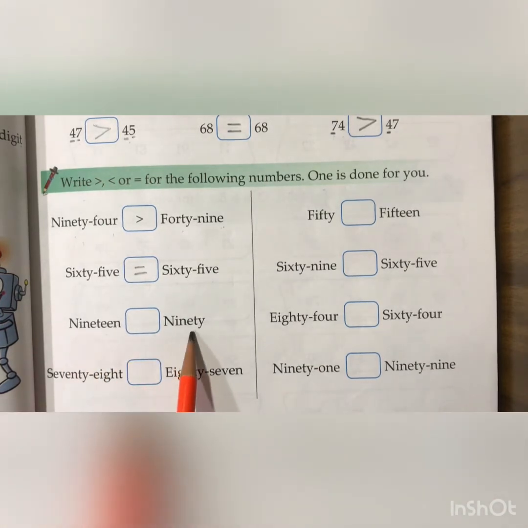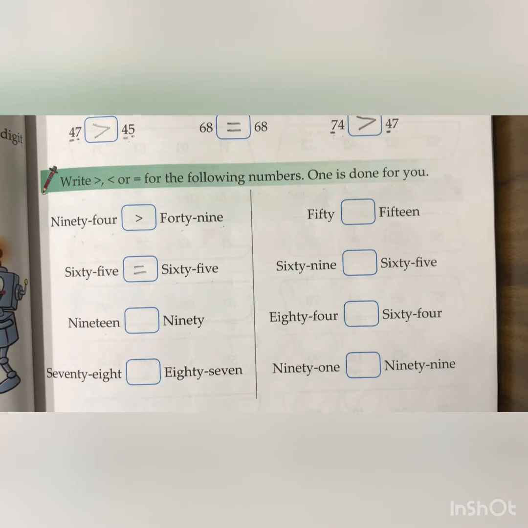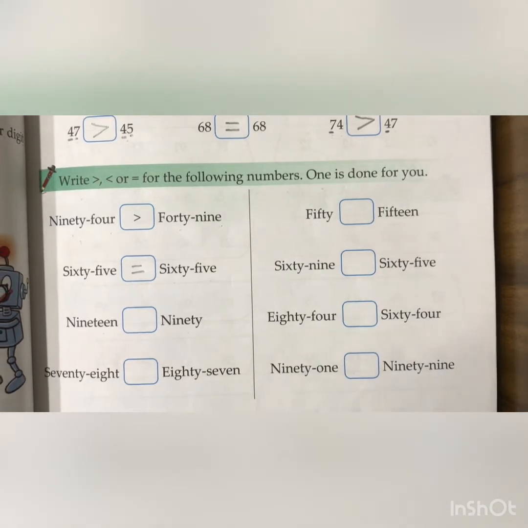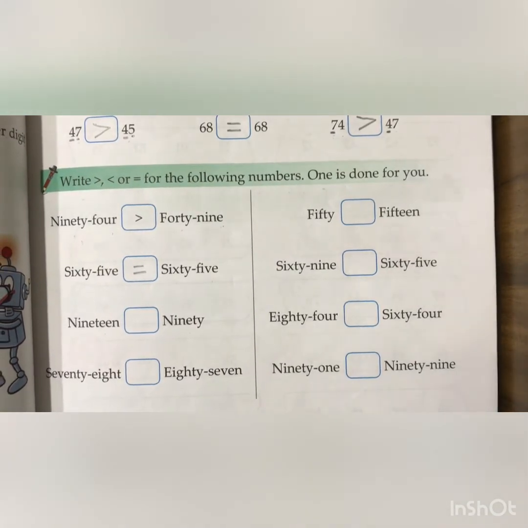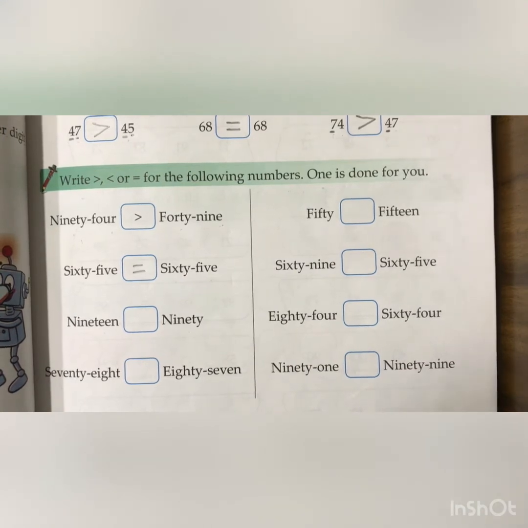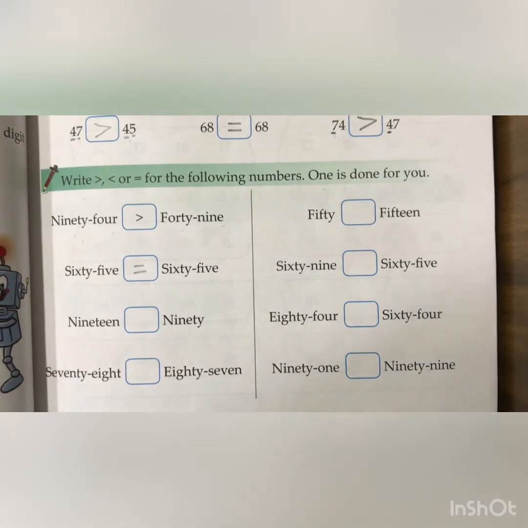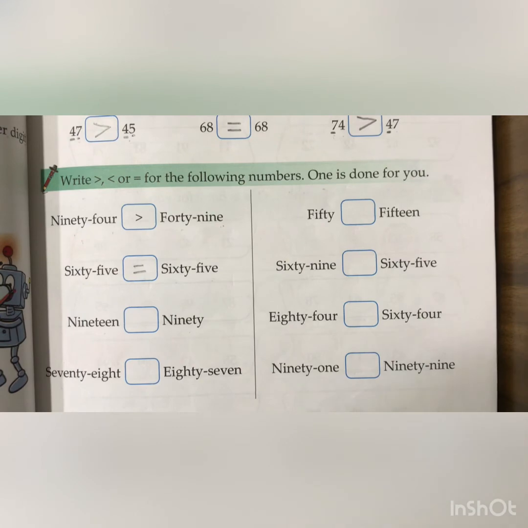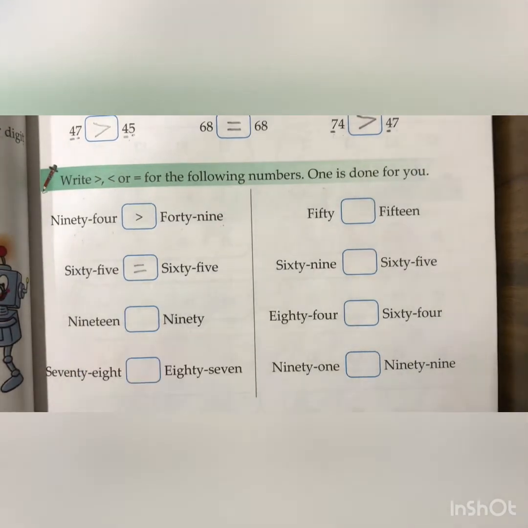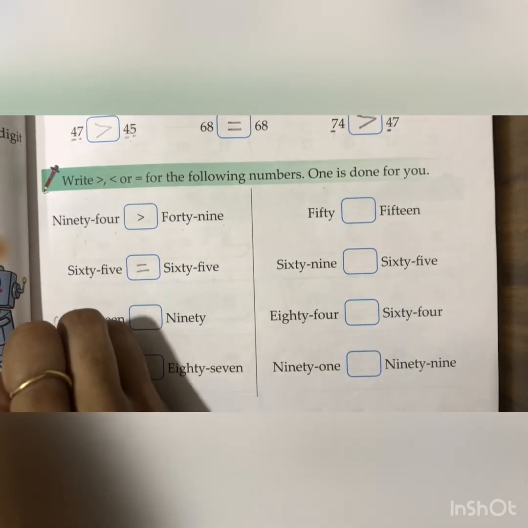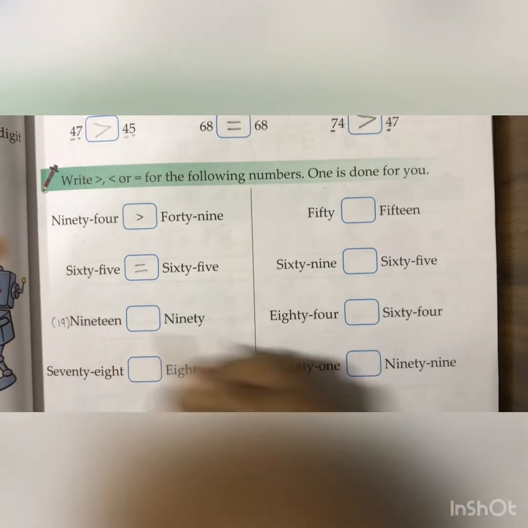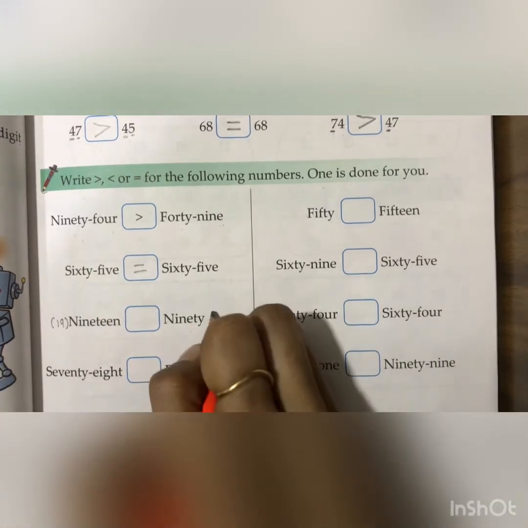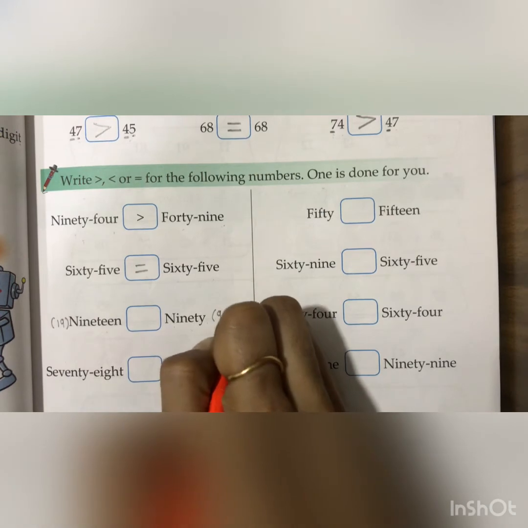19, 90. So children, you may get confused. So what will we do here? We can write the numbers in bracket, if we have a confusion, then only. 19. So I can write down 19. 90.